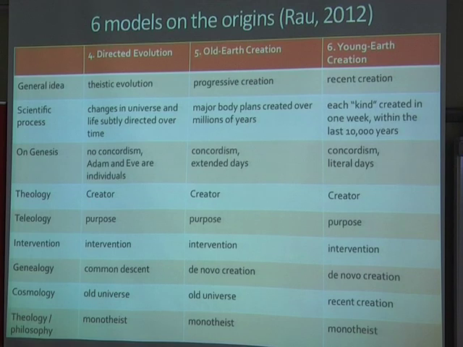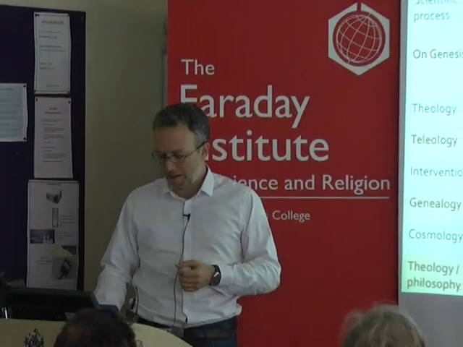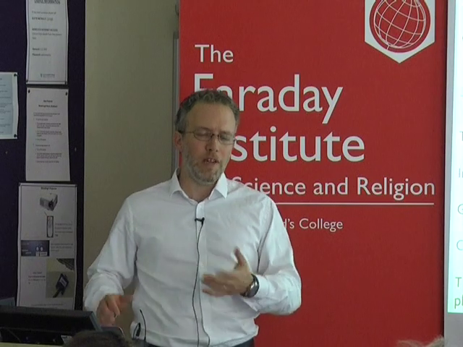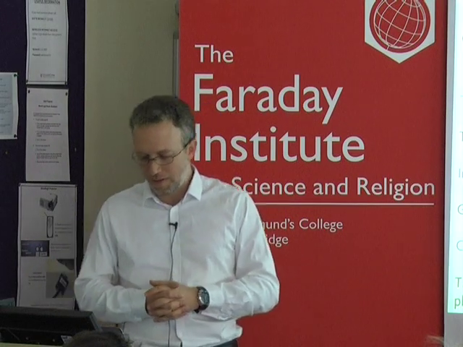But what I would like to do in my final two slides is really to put forward the model that Denis Alexander presents in his book Creation or Evolution: Do We Have to Choose? And I would really recommend that book if you're interested in that subject. It spans more than human evolution, but it's really up to date. The latest edition is 2014.